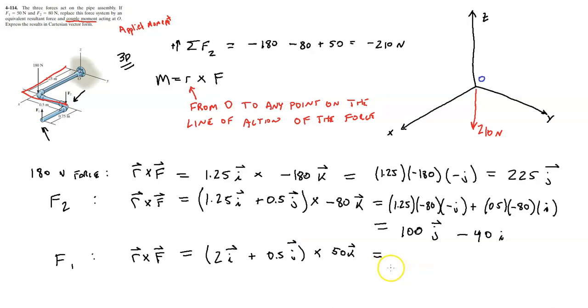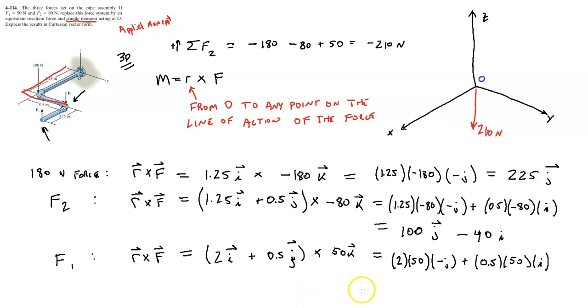And so now we do this math. Certainly we've got 2 times 50 times I cross K. Well, we've done I cross K a bunch of times now. We know I cross K is negative J. And then we got 0.5 times 50 times J cross K, and we know J cross K is going to be positive I. Okay, like that.